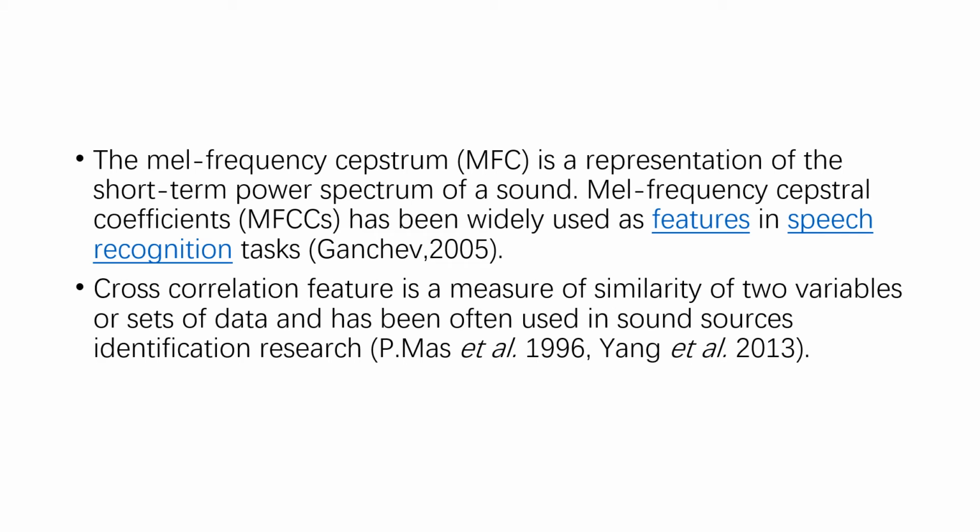Mel frequency cepstral coefficients, which we call MFCCs, have been widely used as features in speech recognition tasks. Another index is cross-correlation. The cross-correlation feature is a measure of similarity of two variables or two sets of data, and has often been used in sound source identification research.